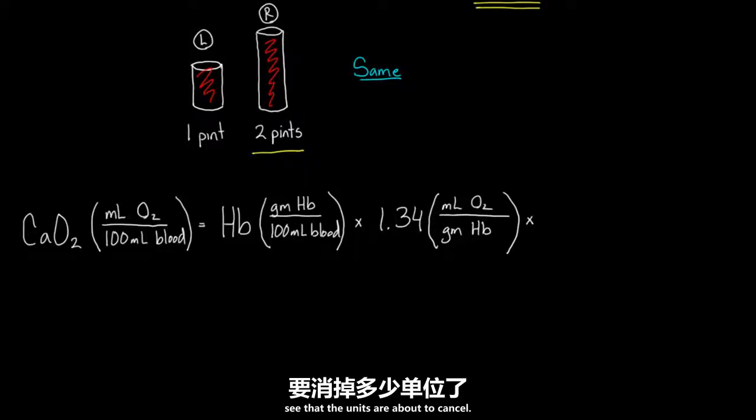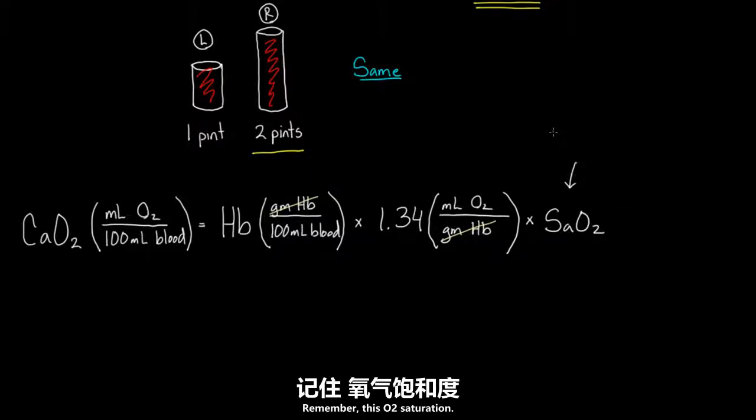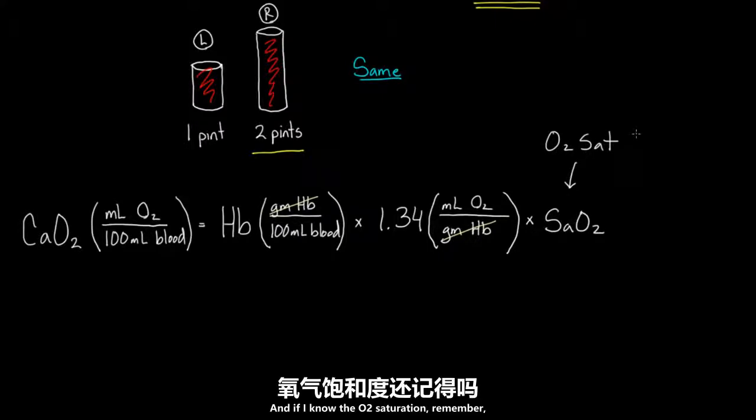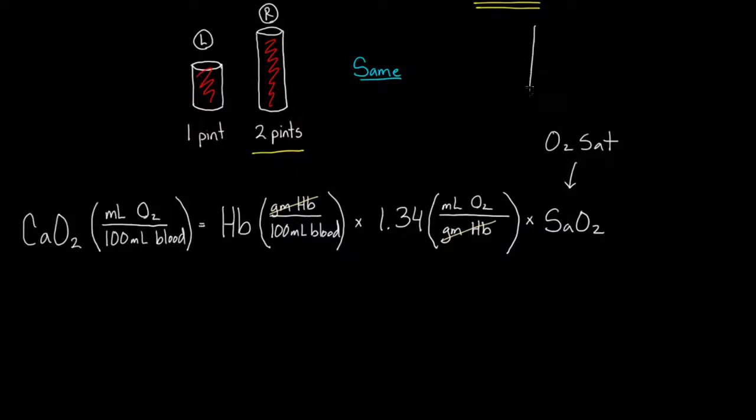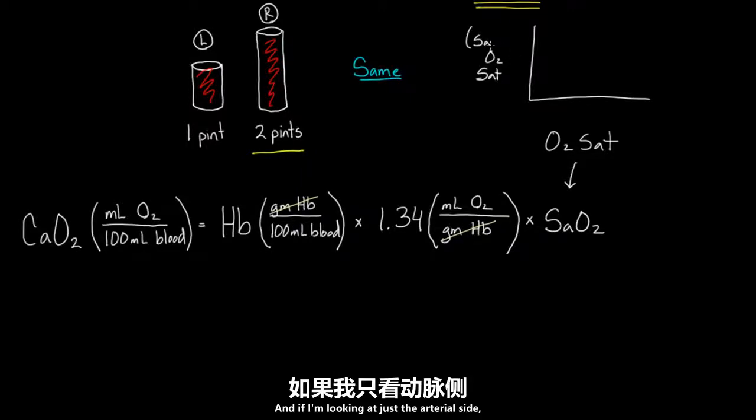So that's actually quite a nice little number to have handy, because now you can see that the units are about to cancel, right? This will cancel with this, and I end up with the correct units. But there's one more thing I have to add in here, which is the oxygen saturation. Remember, this is O2 saturation. And if I know the O2 saturation, remember there's this nice little curve. If I'm looking at just the arterial side, I could write SaO2.